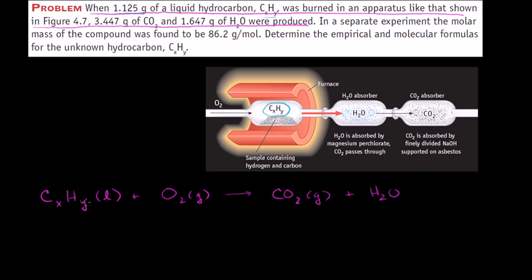But what they do tell us is how many grams of at least this we start with, and how many grams of each of these we end up with. And we're assuming that we have an excess of oxygen, that this hydrocarbon is the limiting reactant. We just have an abundance of oxygen, enough to combust all of the hydrocarbon into carbon dioxide and water.